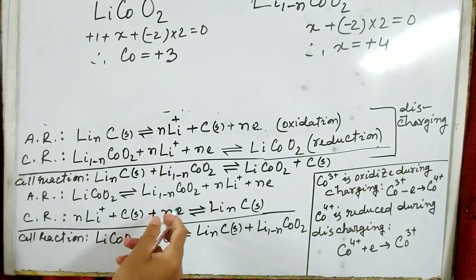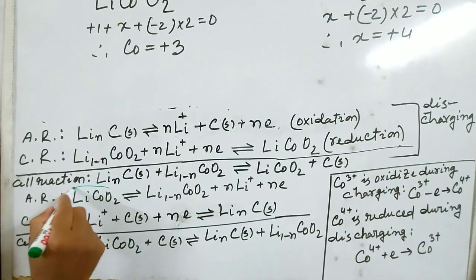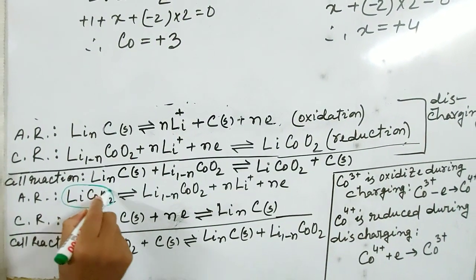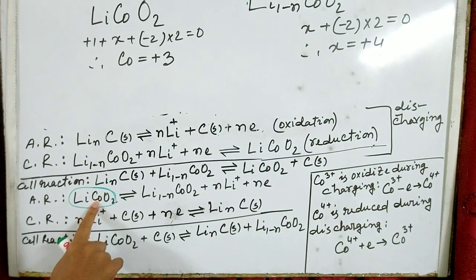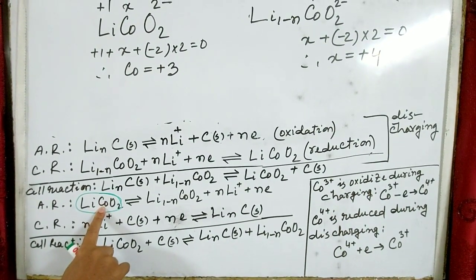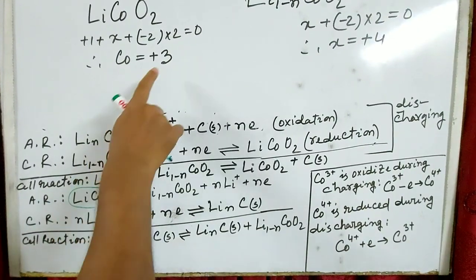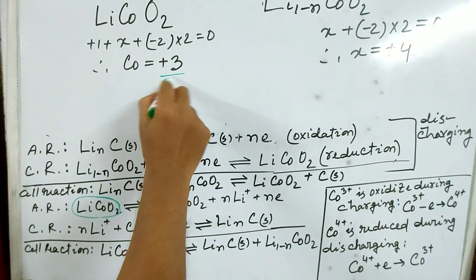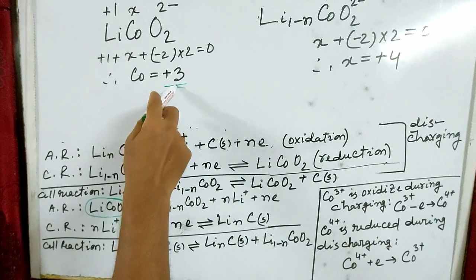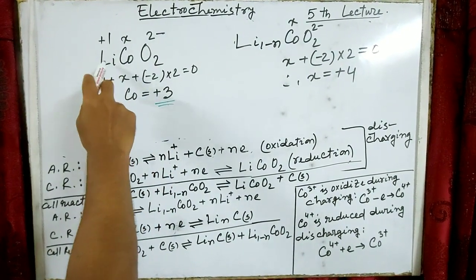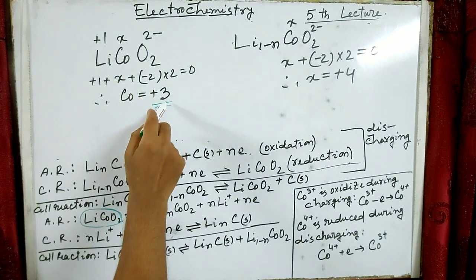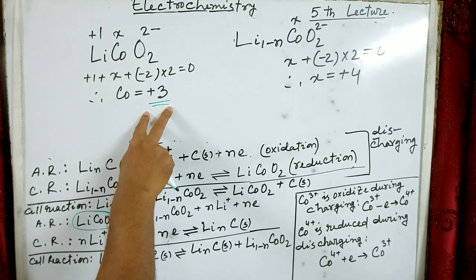Actually, I mentioned here the cobalt of lithium cobalt oxide. Here the oxidation or charge number of cobalt in lithium cobalt oxide is actually plus 3. I have calculated the charge number or oxidation number of cobalt in lithium cobalt oxide. I have shown you.